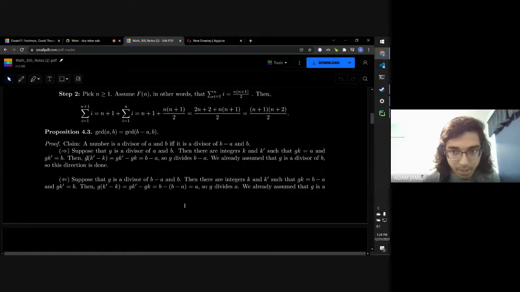So now I can just manipulate these two equations, and I have g times the difference of k prime and k is just b minus a. So since g times some integer is b minus a, we have g divides b minus a. And since we assumed g divides b, then we also have that g divides b, obviously. So we have the forward direction. Being a divisor of a and b means you're a divisor of these two.